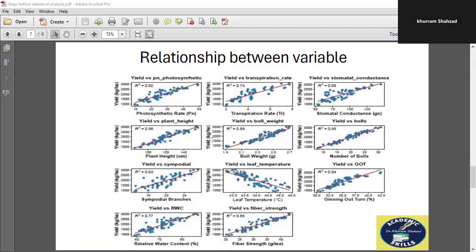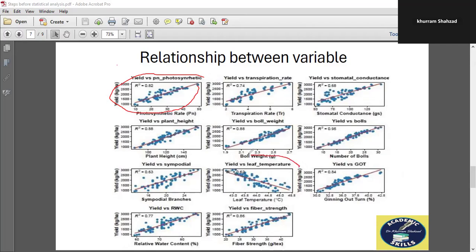And then, as I said earlier, you want to see how different parameters show a relationship with the yield. Here, in the photosynthetic rate and yield relationship, when photosynthetic rate increased, yield also increased. Similarly, respiration and transpiration rate also showed a positive relationship with the yield.